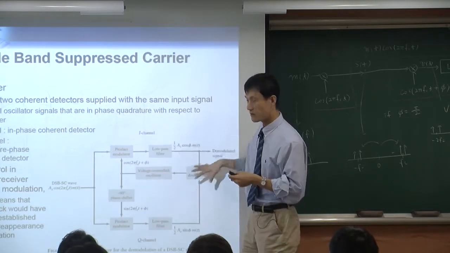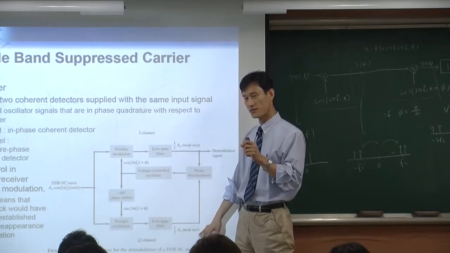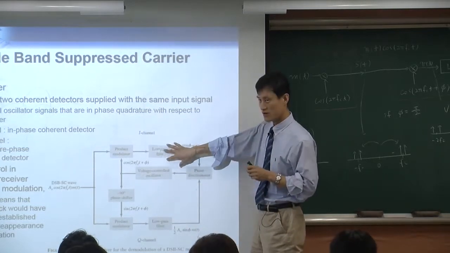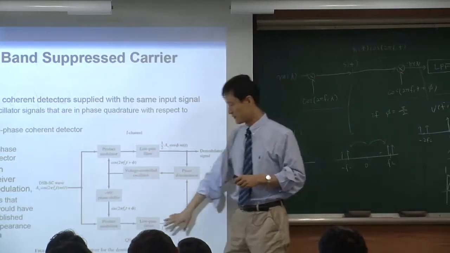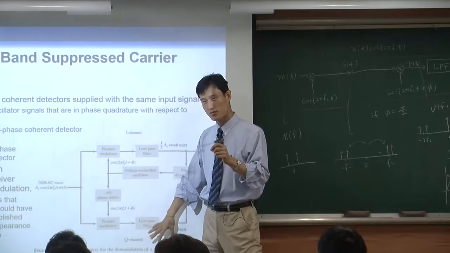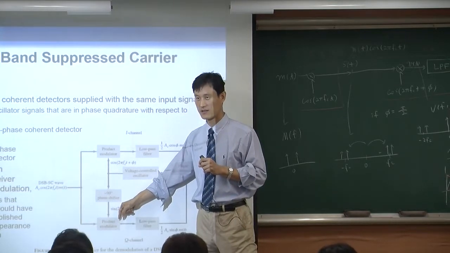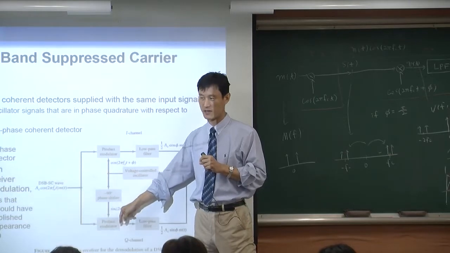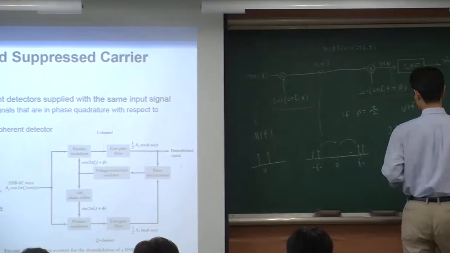So we have two different paths, I phase and Q phase. But then what's the difference? The I phase looks exactly the same as this, but the Q phase looks almost the same, with one difference. In this case, you are multiplying sine, not cosine. That's the only difference.